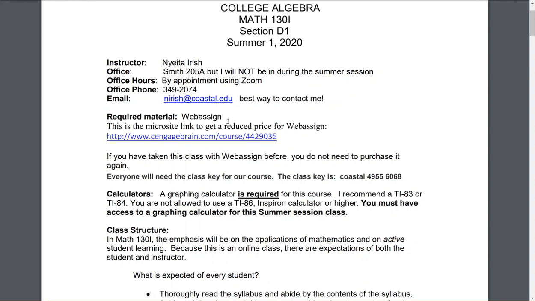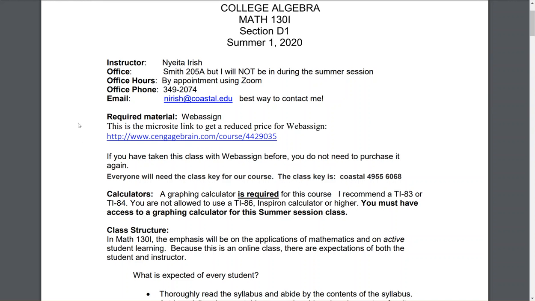You will need WebAssign. If you've already purchased WebAssign because you've had this class before, you don't have to repurchase it. You just need my class key to get in. If you've never taken this class before, I would encourage you to click on the microsite link. You can get a discount if you go through Cengage directly rather than through the Bookstore or anywhere else.